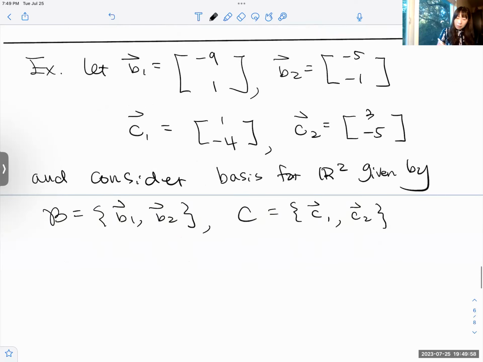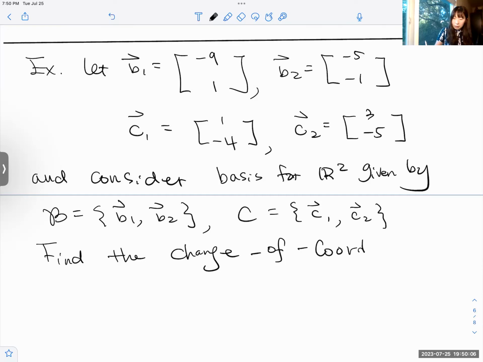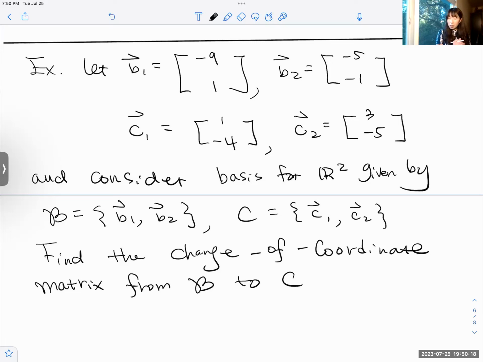Find the change of coordinate matrix from B to C.